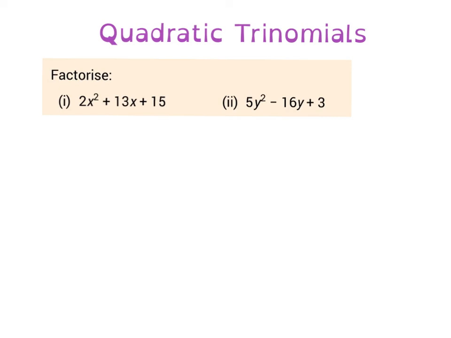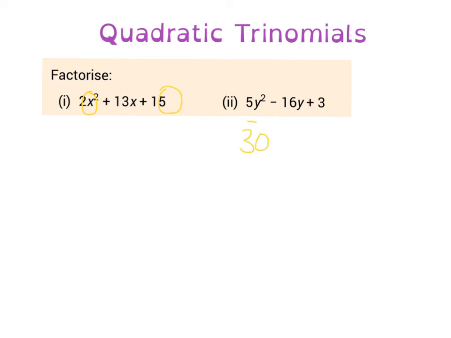These two quadratics are slightly different to the previous question because now I have a coefficient in front of my x. So I need to find my guide number because 15 is no longer my guide number because I have a 2 here. So what you simply do is you take the 2 and you take 15 and you multiply them, and that gives you 30.